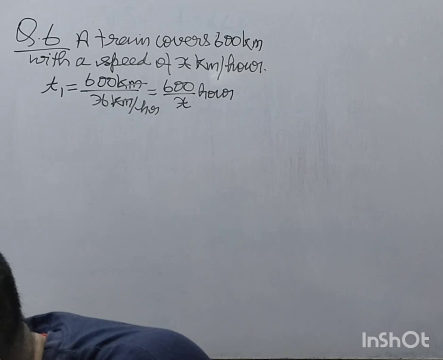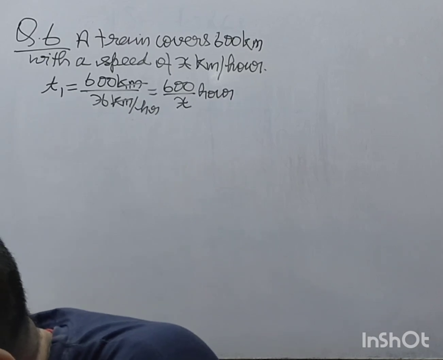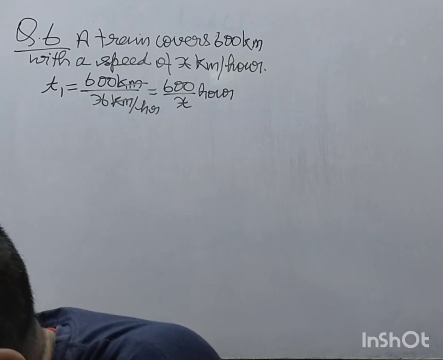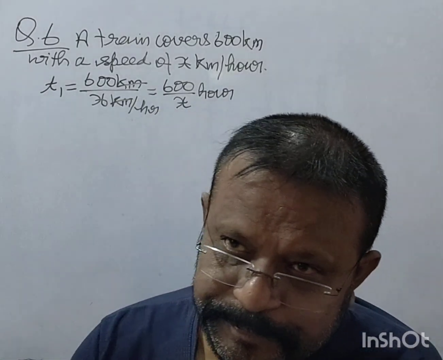Now, had the speed been x plus 20 kilometer per hour, the time taken to cover the distance would have been reduced by 5 hours.